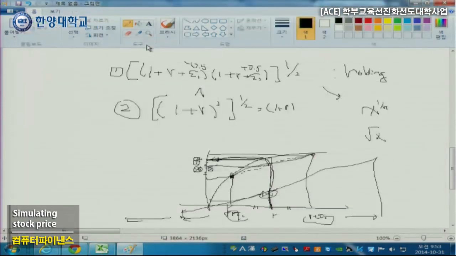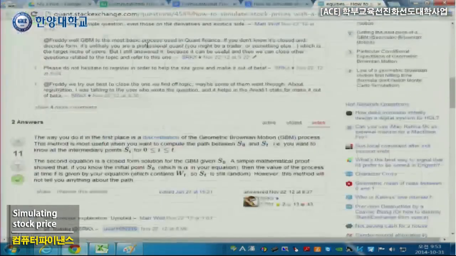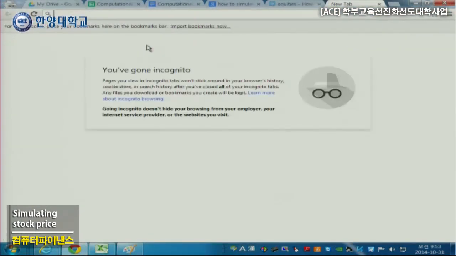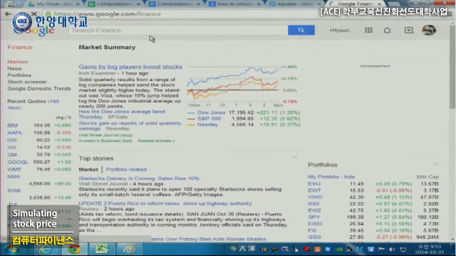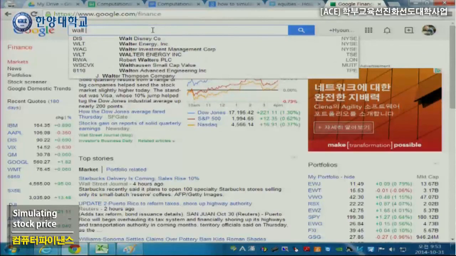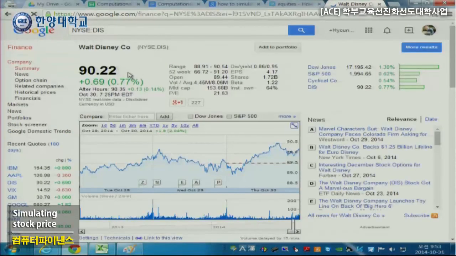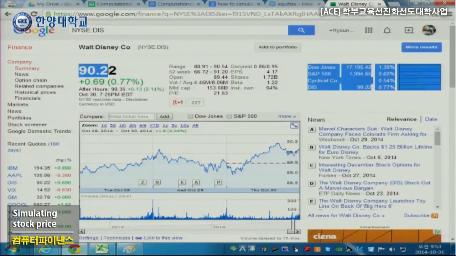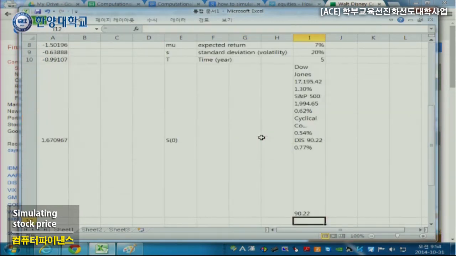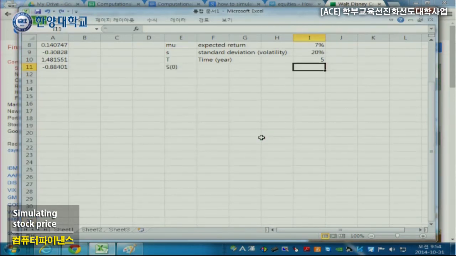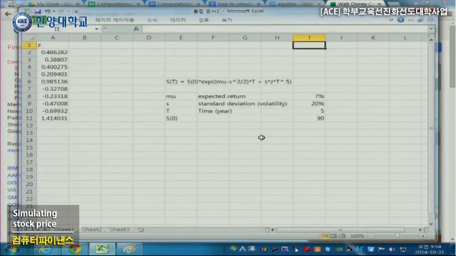The stock price of Walt Disney today is S0, let's say $90.